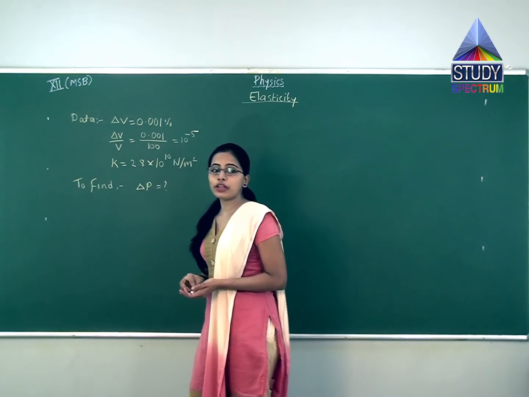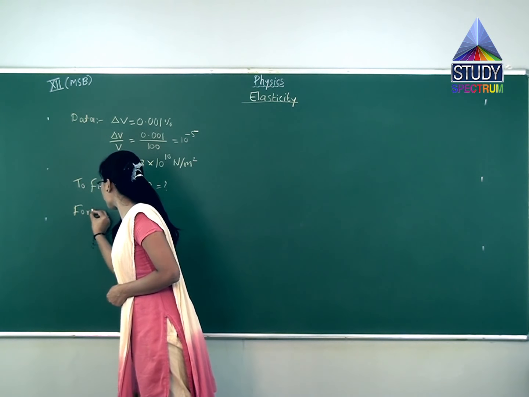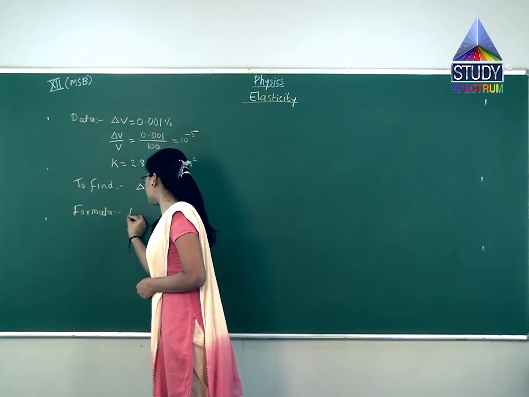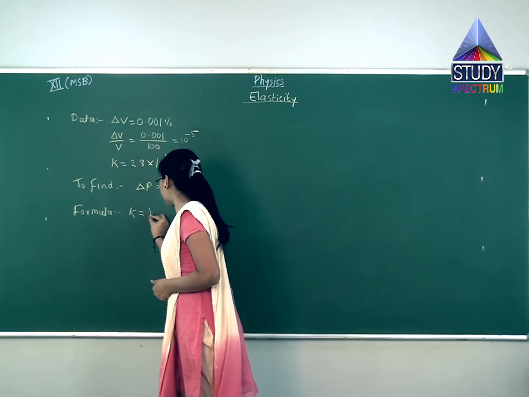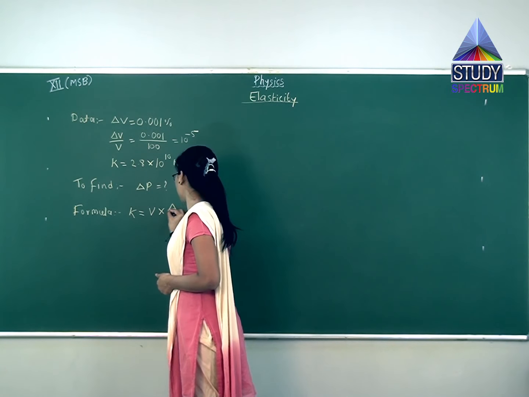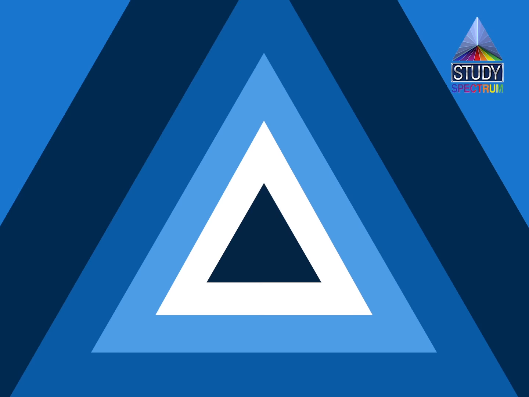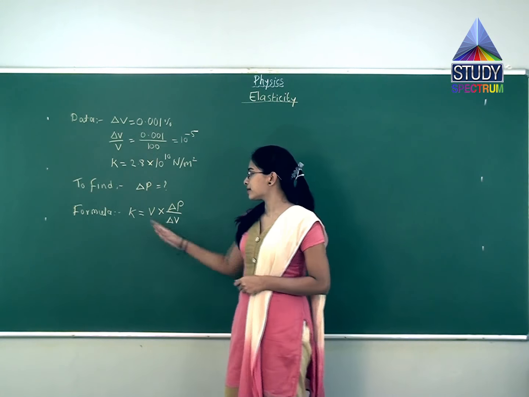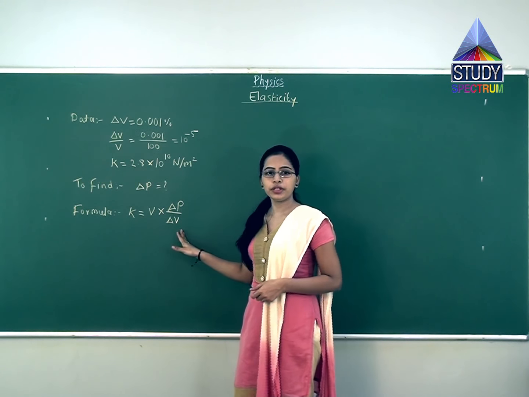Now the formula we will use here is the formula of K, that is bulk modulus. So formula that we will use here is K is equal to V into delta P upon delta V.